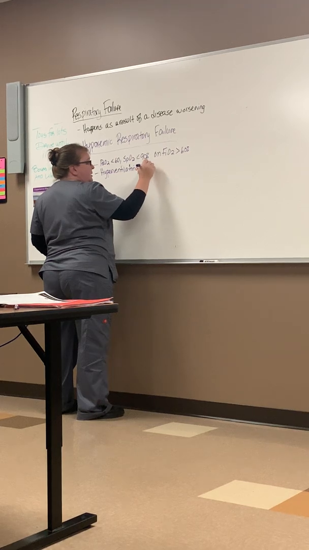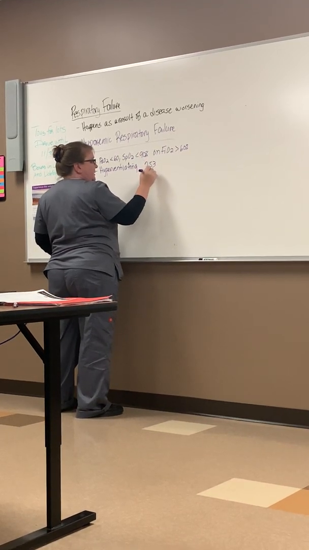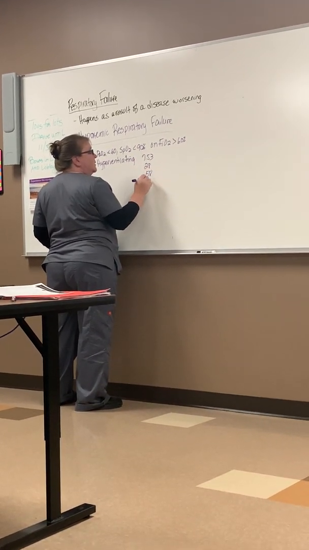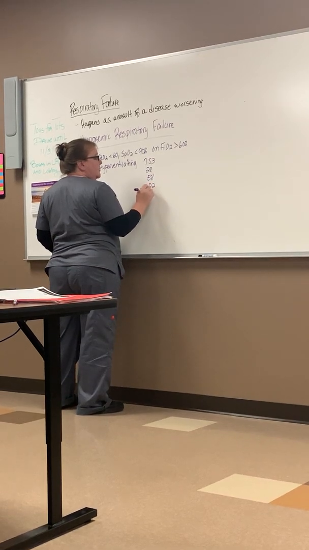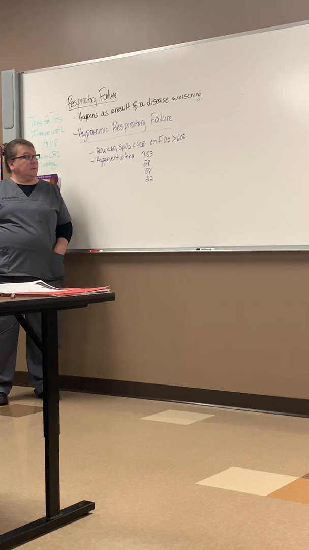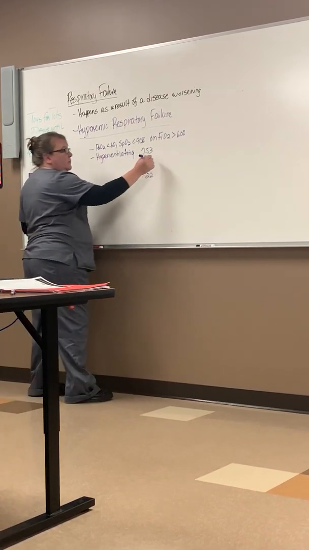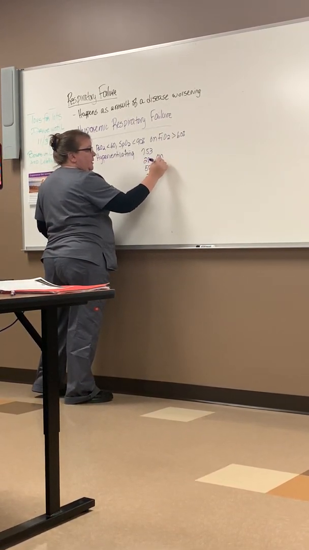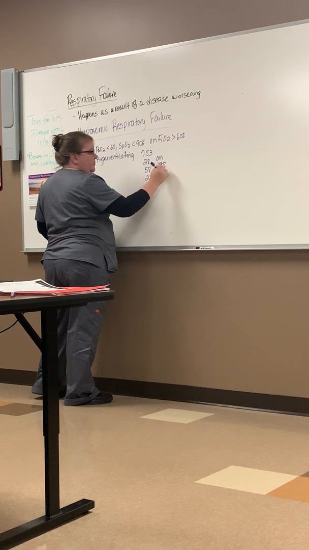So the ABG that you'll see would be something like this, on whatever, 100% non-rebreather for this example.